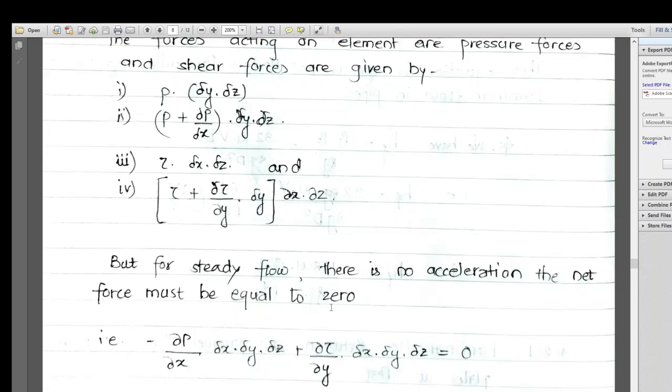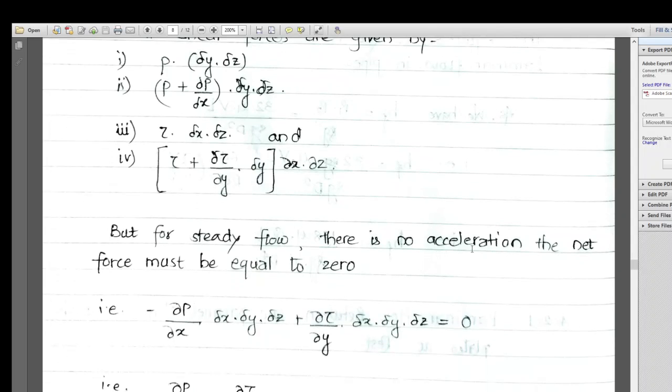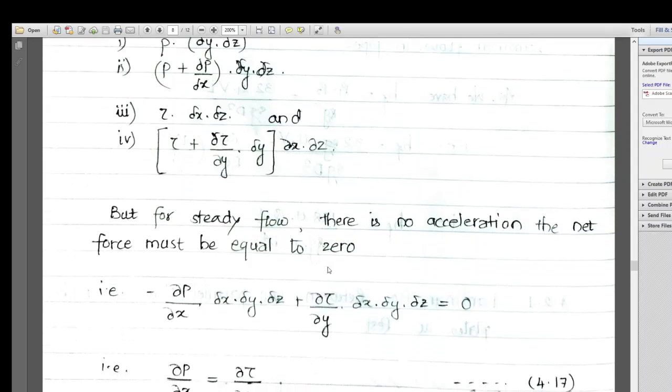But for the steady flow, there is no acceleration, and thus the net force must be equal to 0. As this is a steady flow, in steady flow we know there is no acceleration. So the net forces which are acting become equal to 0.